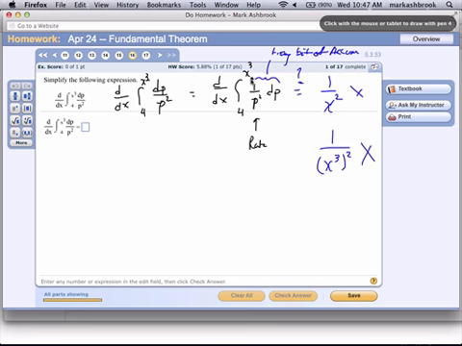So what can we do first? Adelaide, what do you want to do first? Take the antiderivative of 1 over p squared. Perfect. What's that?